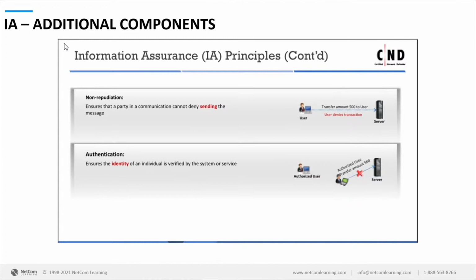And AAA systems, where they authenticate, they authorize, and they account for. These are things that we have added to the CIA triad now. It's a quintuple.